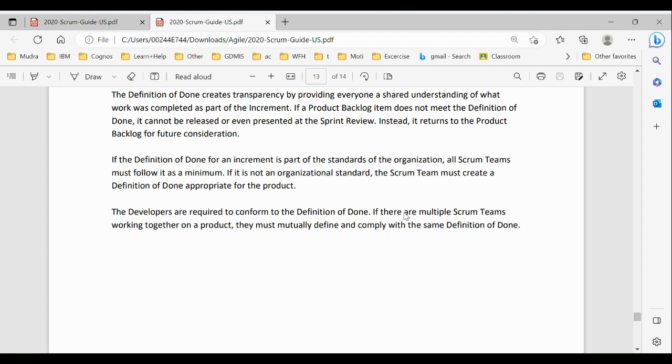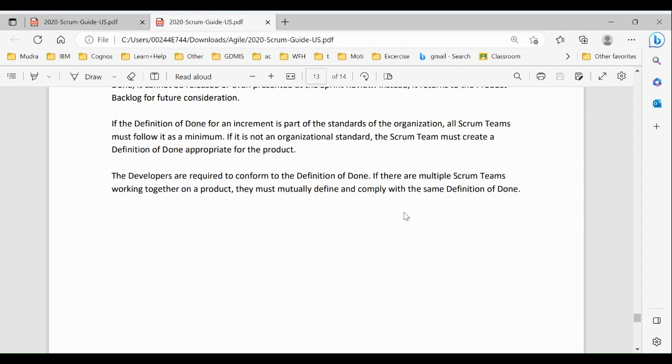If the definition of done for an increment is part of the standards of the organization, the Scrum team must follow it as a minimum. If it is not an organizational standard, the Scrum team must create a definition of done appropriate for the product.